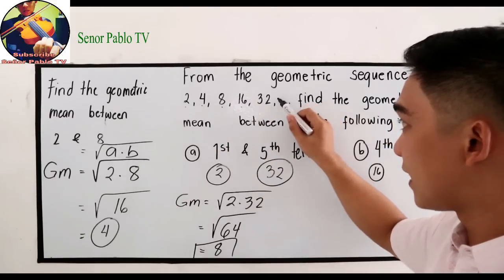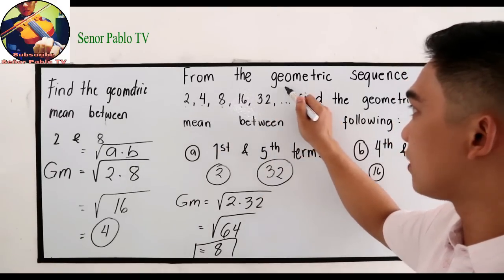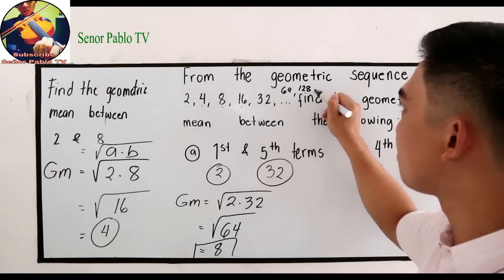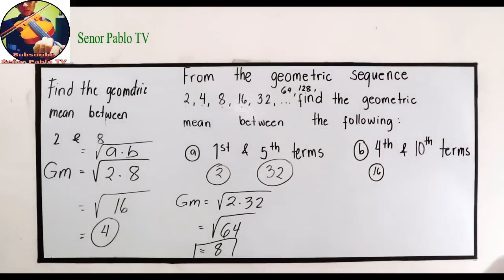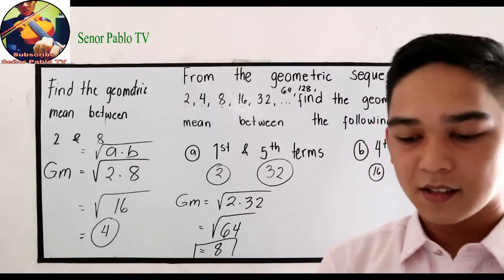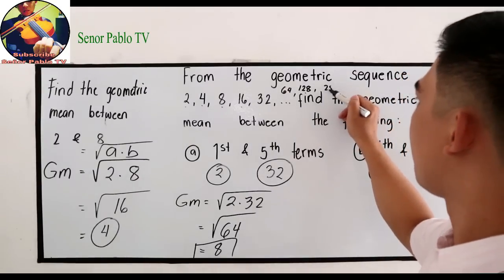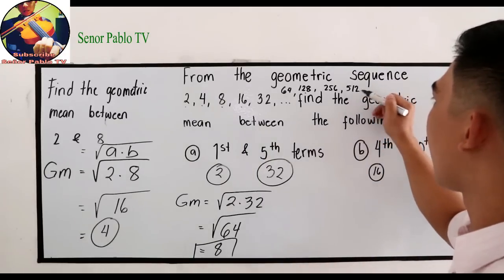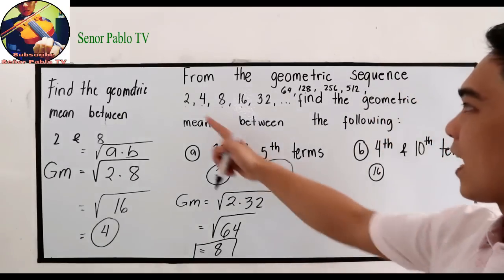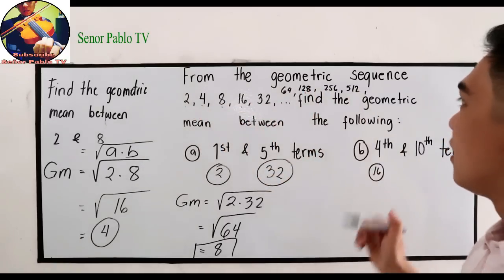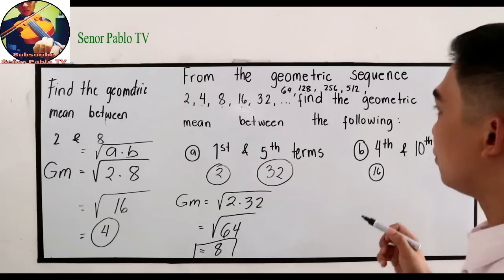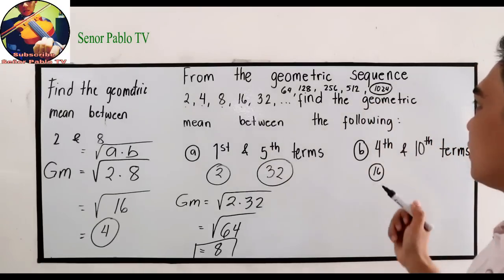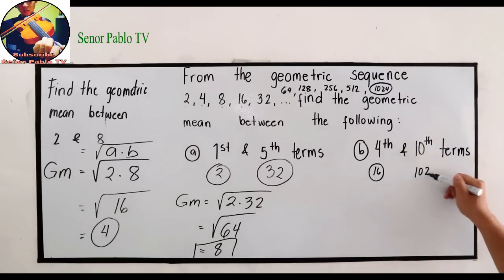So, kunin natin yung next term natin dito. 32 times 2, that is 64. 64 times 2, 128. 128 times 2, that is 256. 256 times 2, 512. Ilan na yan? 1, 2, 3, 4, 5, 6, 7, 8, 9. So, 512 times 2, that is 1,024. Yan na ngayon yung 10th term natin, 1,024.